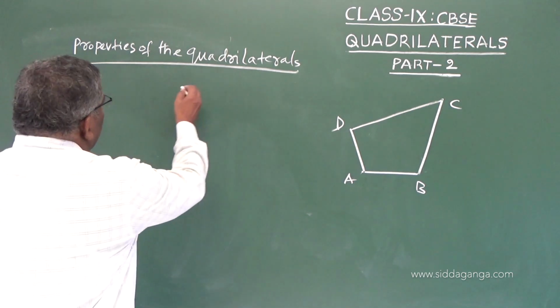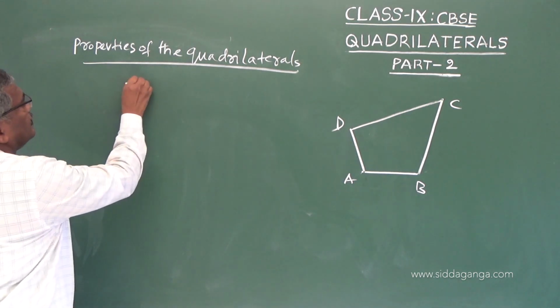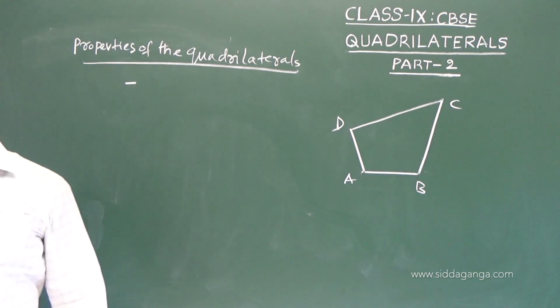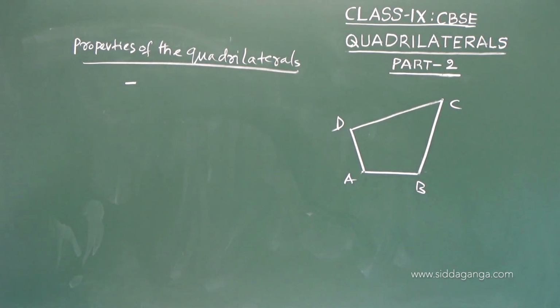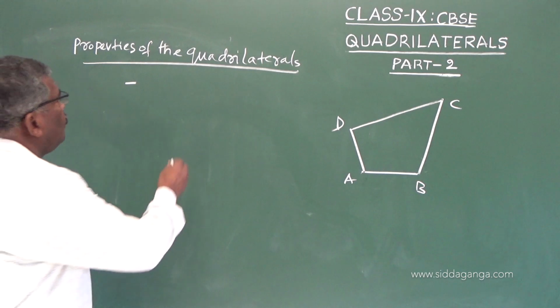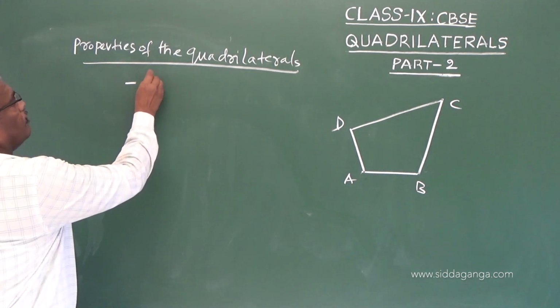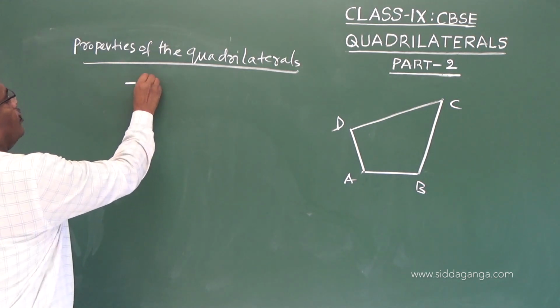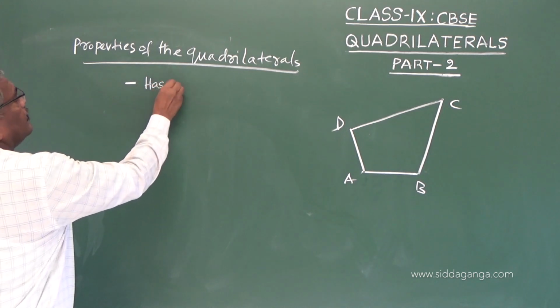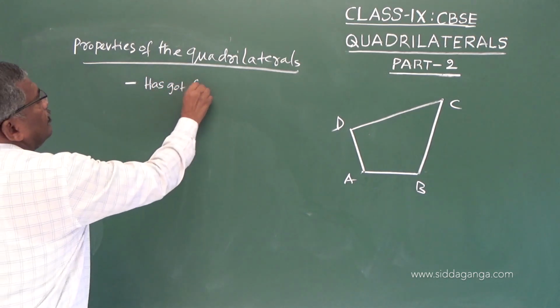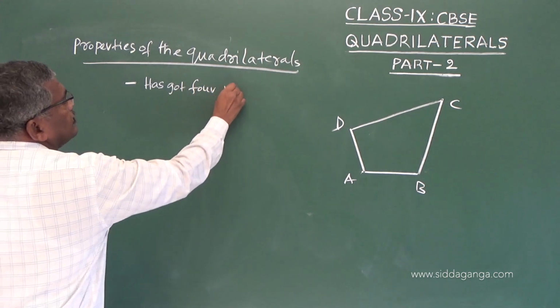So what are the important properties? First one, four vertices. A quadrilateral has four vertices.